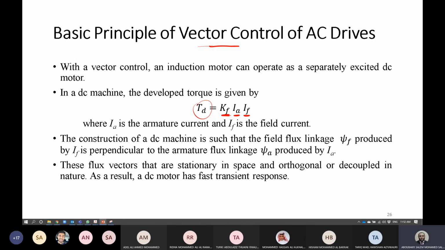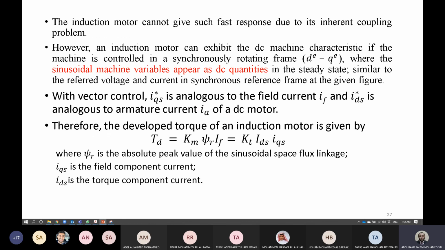If we could make that, you will find that the torque equation of the induction motor, if we operate it in the synchronous reference frame, is torque equals K multiplied by id multiplied by iq. Sorry, both are small letters, shabab. So what is ID and what is IQ?